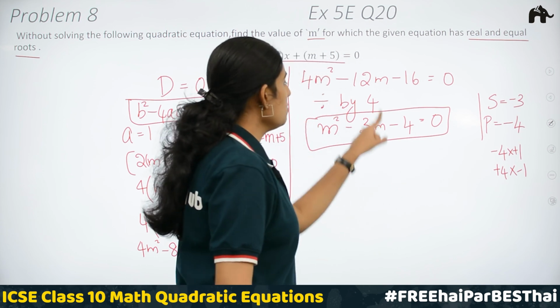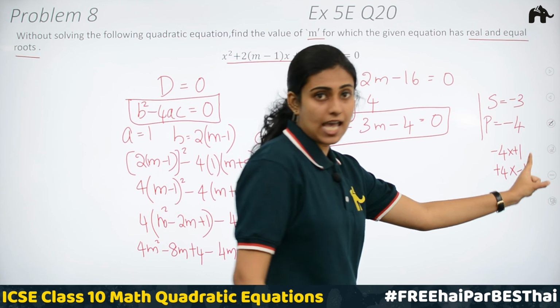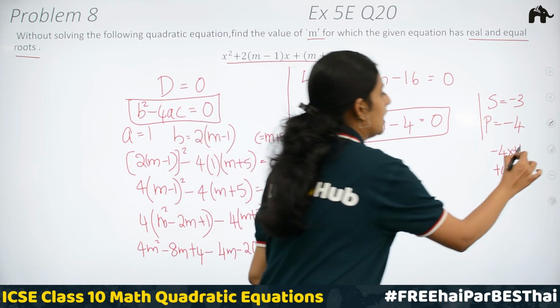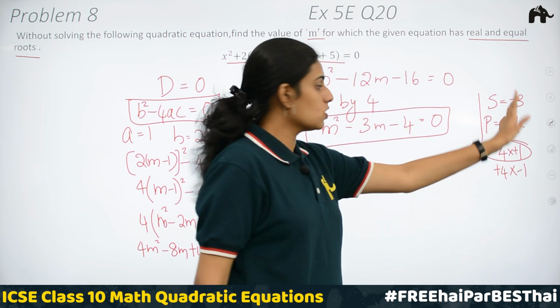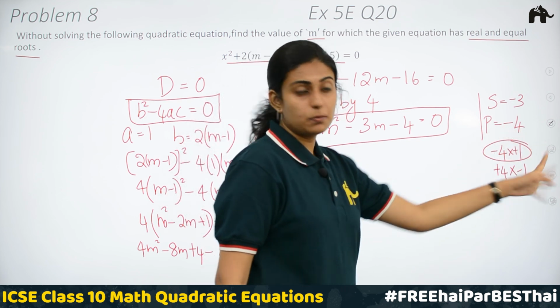Here in the middle term we have a negative sign. That is, when you choose 4 and 1, the greater number should be negative. That is this one. Minus 4 plus 1 is minus 3. So, we got the numbers, that is minus 4 and plus 1.